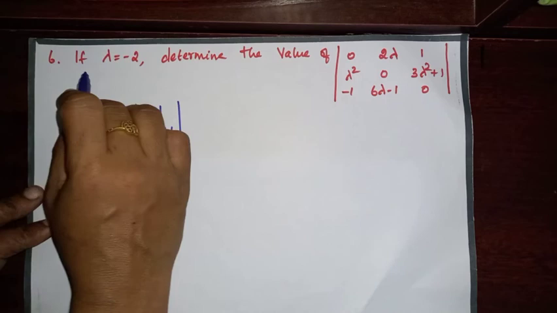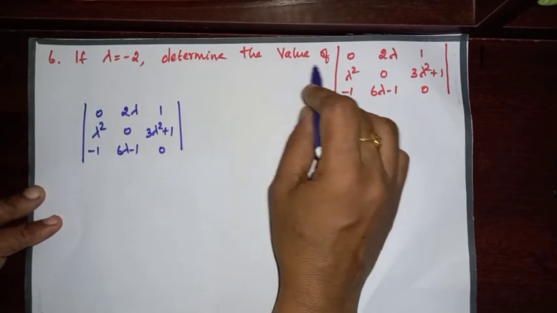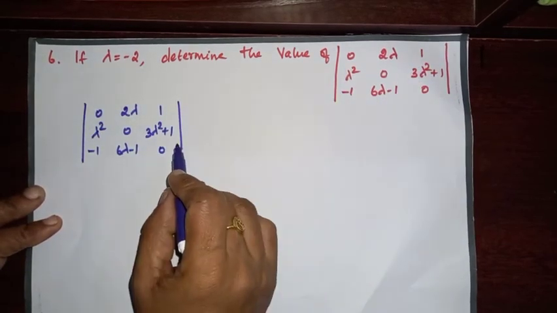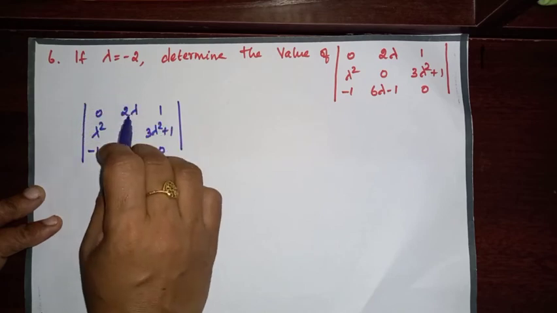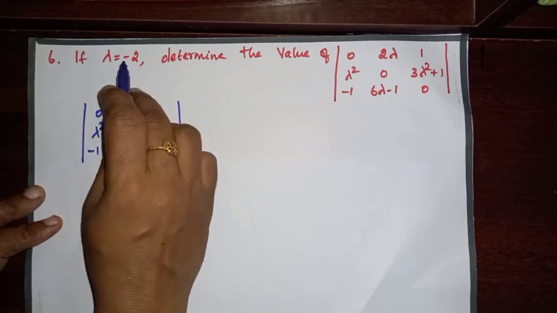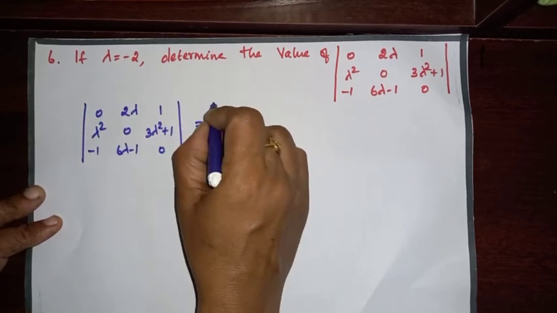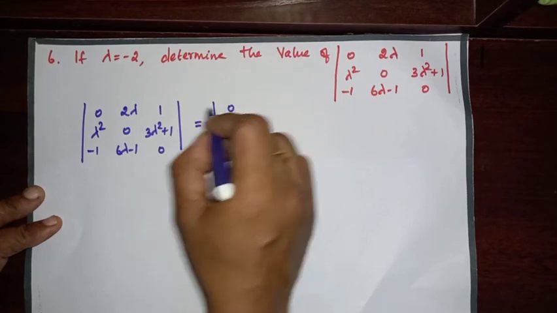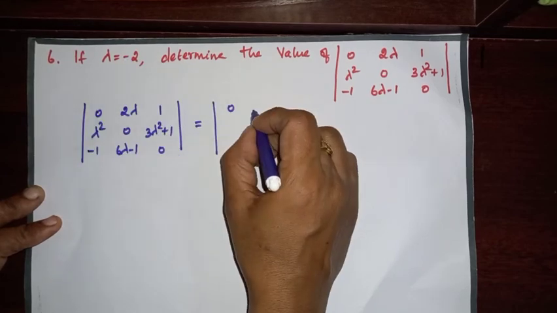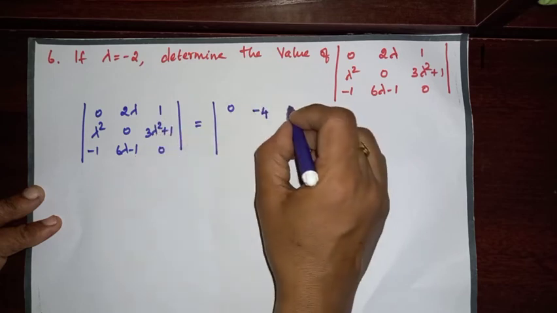Question number 6. If lambda equal to minus 2, determine the value of this determinant. Now I'm going to substitute lambda as minus 2. Then we have first row 0, 2 into minus 2, minus 4, 1.